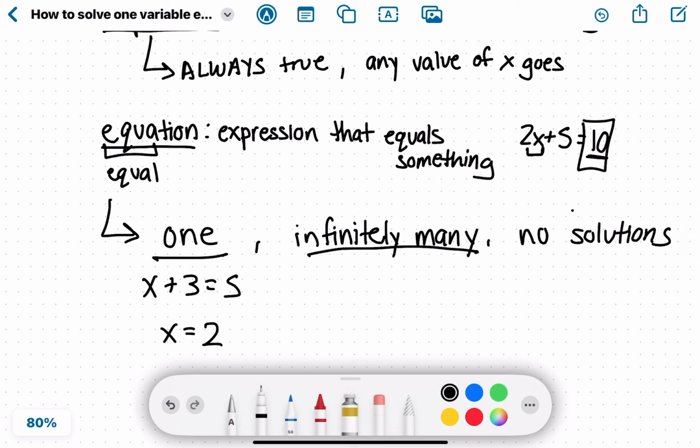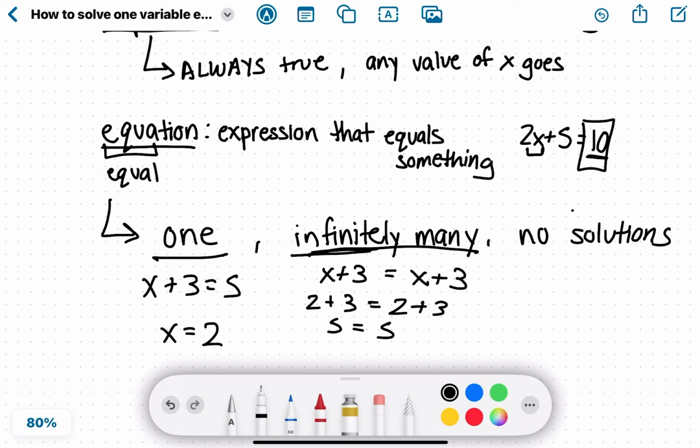Infinitely many means there's an infinite amount of answers that x can be. Any value of x works. So, for example, we could do x plus 3 equals x plus 3. Of course, anything is equal to itself. So if you were to put 2 for x, 2 plus 3 is, of course, going to be equal to 2 plus 3. 5 is equal to 5.